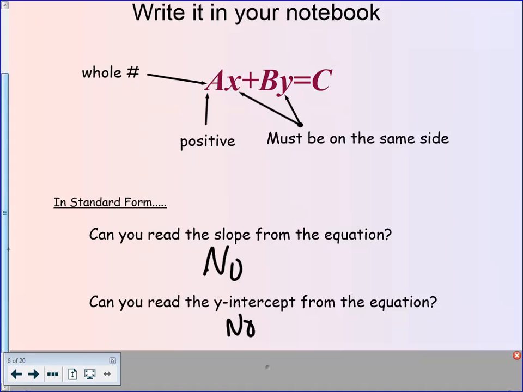Nothing at all. You cannot identify slope, y-intercept, or a point on your line. Standard form is just an equation. If you do identify anything when you're in standard form, it's probably going to end up being wrong.